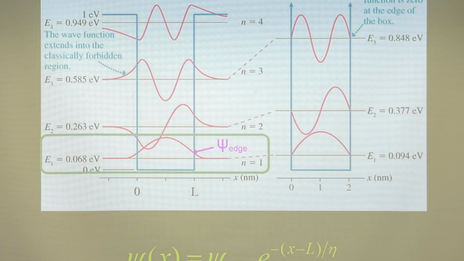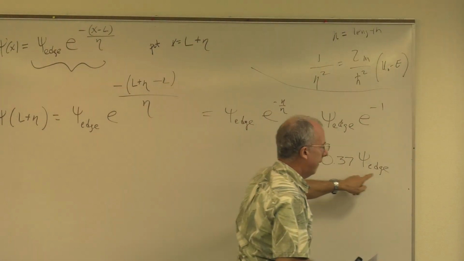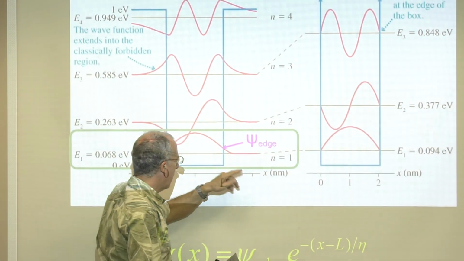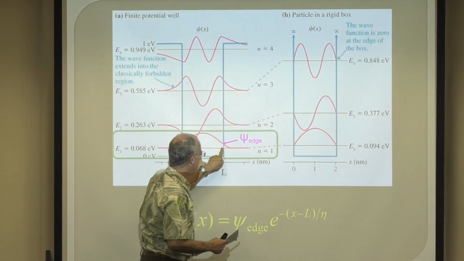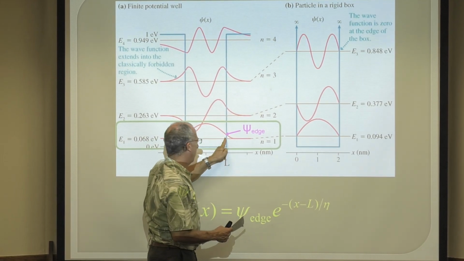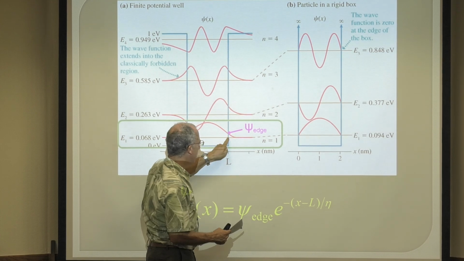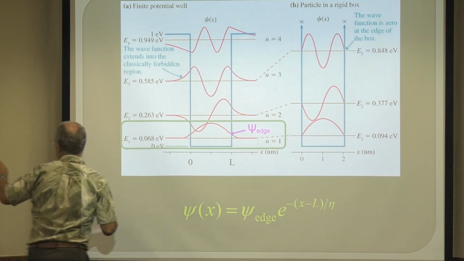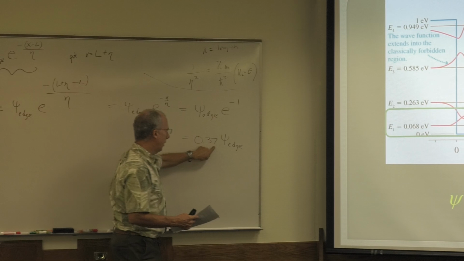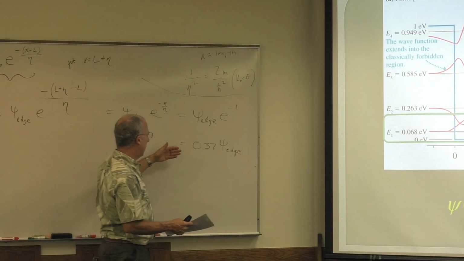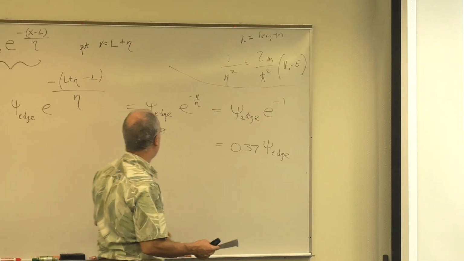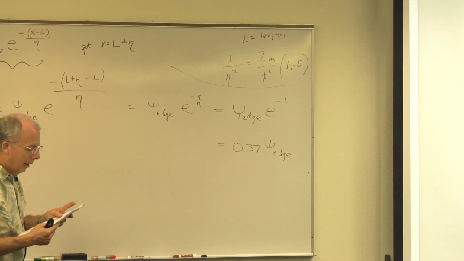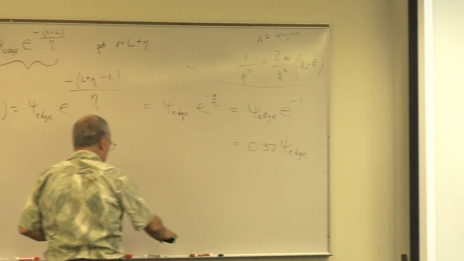So the wave function, this is psi edge. When it goes eta over here, whatever eta is, it becomes 0.37 as much. So the amplitude goes to 0.37. That's what it really means. All right, so what are we going to call this eta?